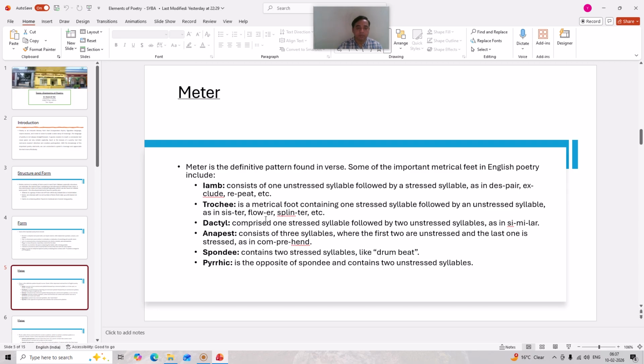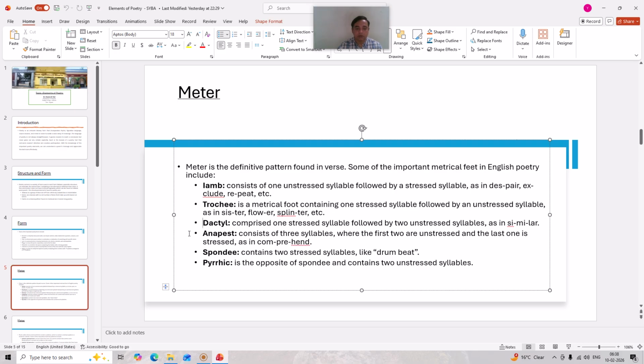Next type of meter is dactyl. Dactyl comprises one stressed syllable followed by two unstressed syllables, as in the word similar. Si is stressed, mi and lar are unstressed.